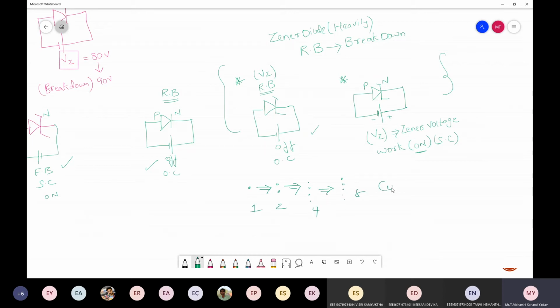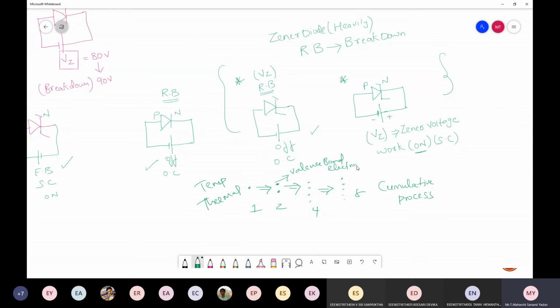We call this a cumulative process. This keeps on increasing because of thermal energy, which is nothing but temperature. If we increase the temperature, the electrons keep on increasing, and they collide with other covalent bonds and pull out valence electrons. So this goes on increasing.